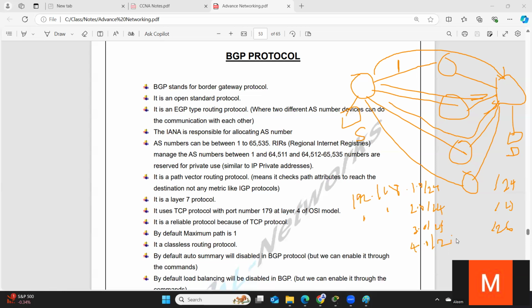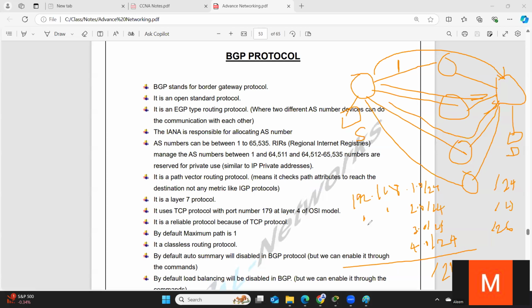If we want to advertise them all, it maintains a much bigger routing table. So for that, we will do summarization. Instead of /24, we'll use something like /22 and summarize the prefixes. By default, auto summary is disabled in the BGP protocol.